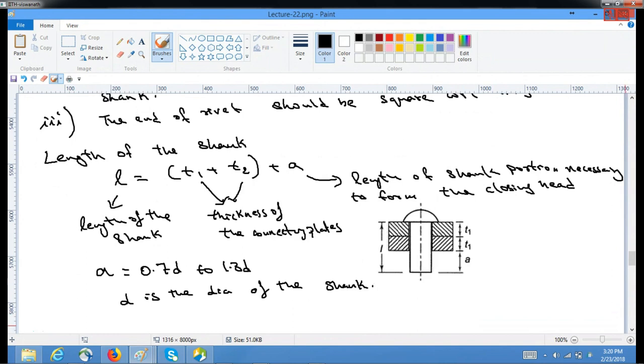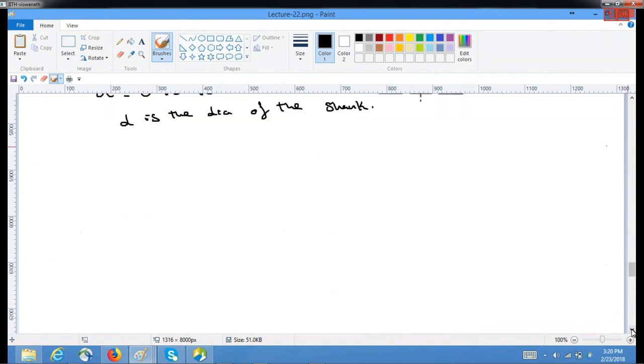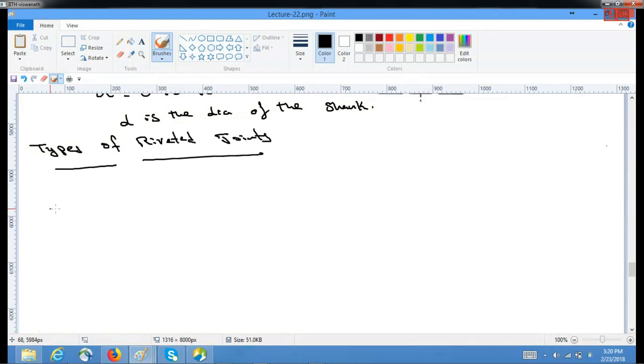Then we will talk about different types of riveted joints. The types of riveted joints are very similar to those of the welding joints. The first type is a lap joint, and the second type is a butt joint.